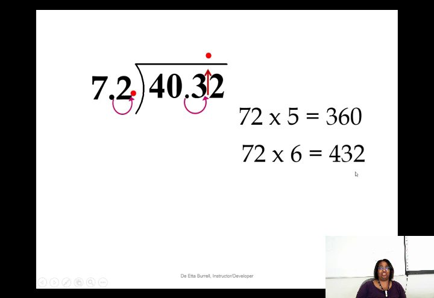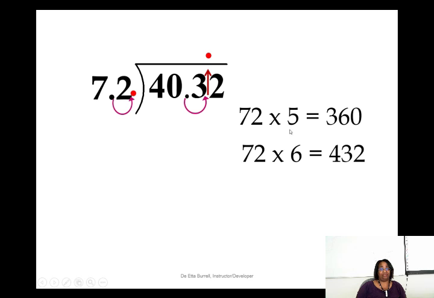And I did it with just 2 numbers. I took 72 times 5 and got 360, and then I took 72 times 6 to get 432. What I'm looking for is a number to use as a factor to get as close to 403 as I can without going over it. I'm grouping by 72. So which of these should I use?